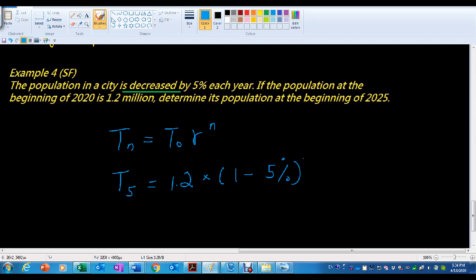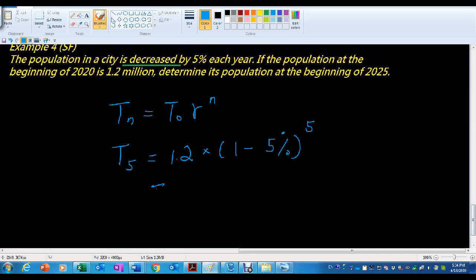If that's growth factor, it becomes 1 plus 5%, right? To the power n. So it becomes 0.9929, correct to 3 significant figures, million. So that will be the answer.